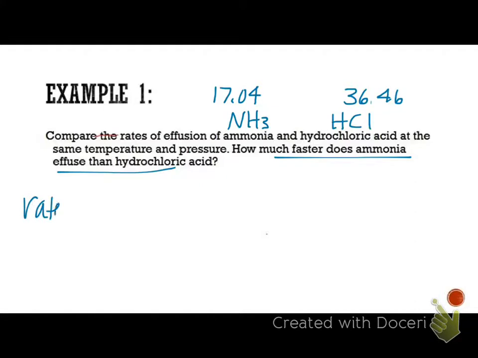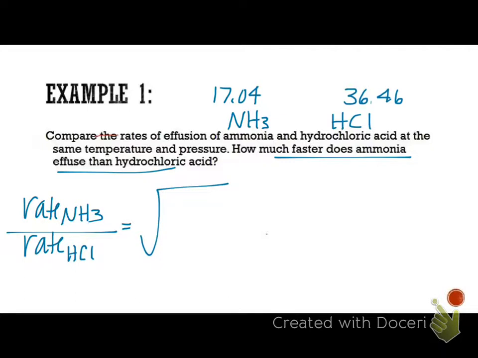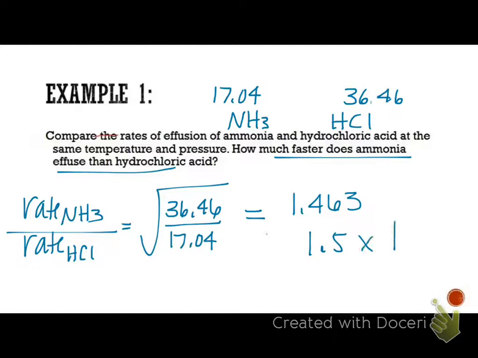So we're going to say rate of NH3 over the rate of HCl, and we're going to do the square root of their molar masses inverse. You throw that in your calculator and you should get 1.463, so basically 1.5 times faster. So ammonia will effuse 1.5 times as fast as HCl because it's lighter.